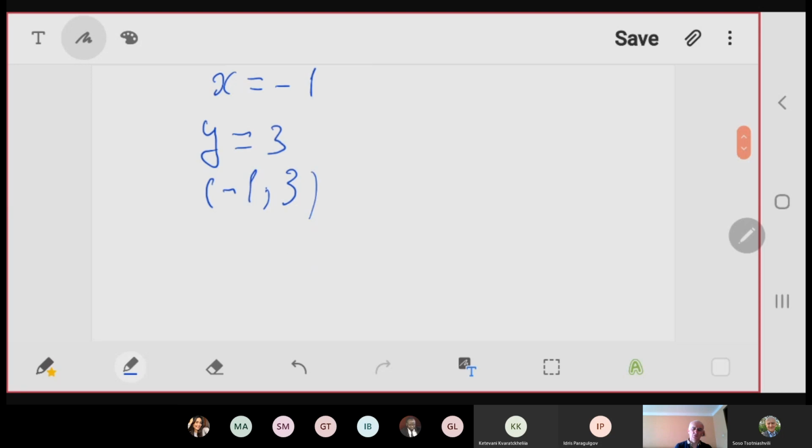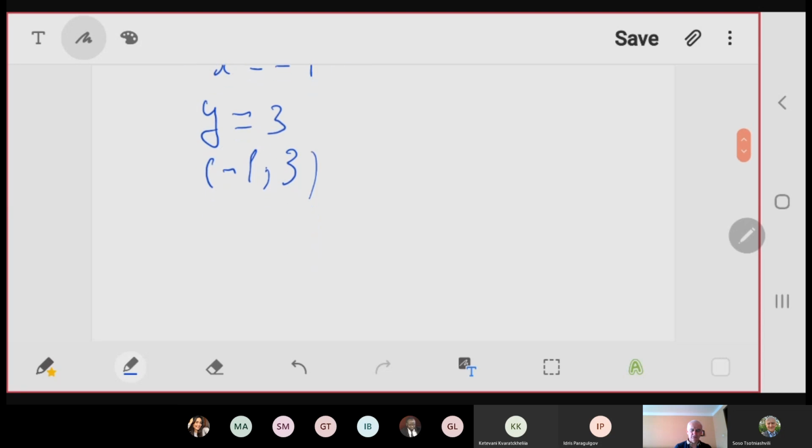And to determine what type of point it is, we should calculate D. And what is this D? We denoted it with A and C, and how?